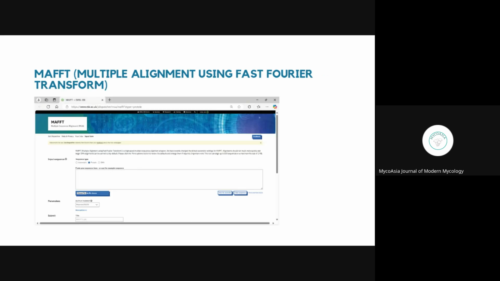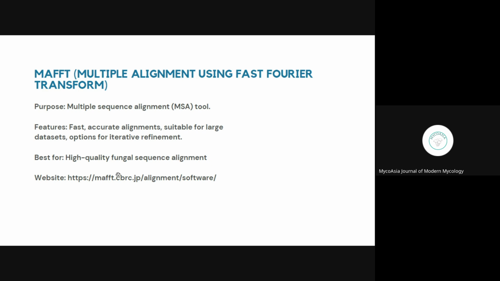Then sometimes MEGA may not align large data sets. Then you can use this web server called MAFFT. So here, if you have a data set of 500 sequences, 4,000 sequences, you upload it. Within a short period of time, you will get a multiple sequence alignment. Also, as I told you, the purpose of MAFFT is to create multiple sequence alignments.